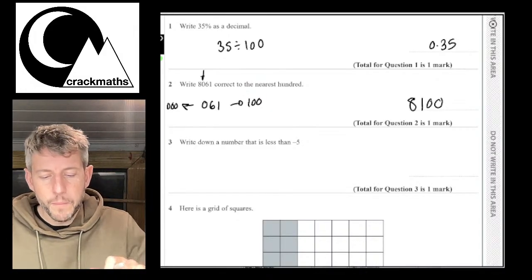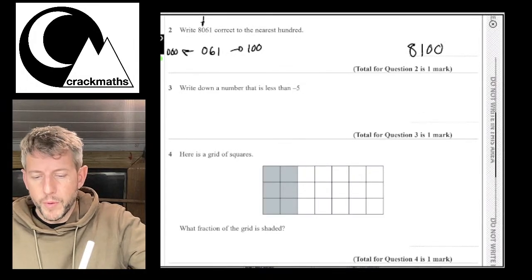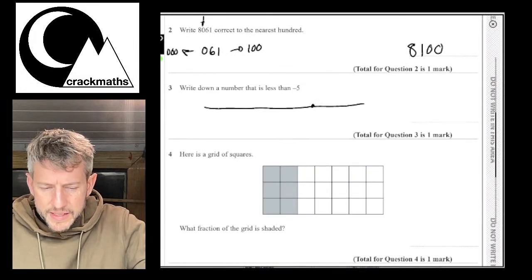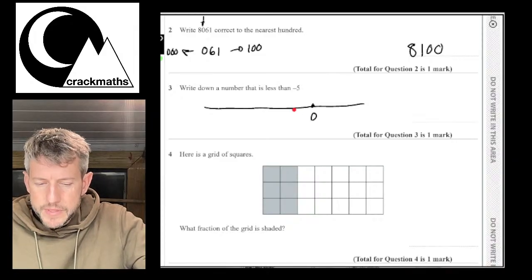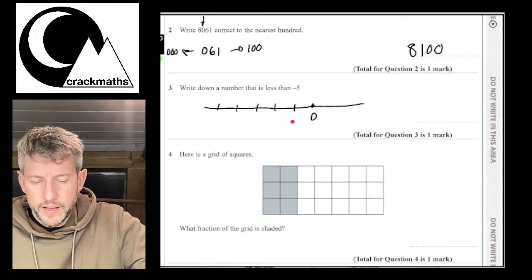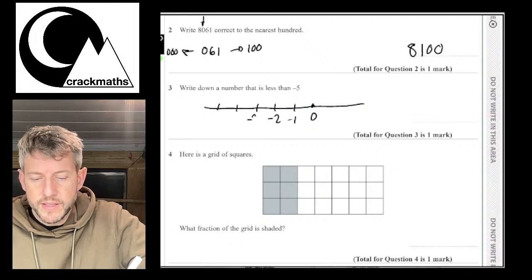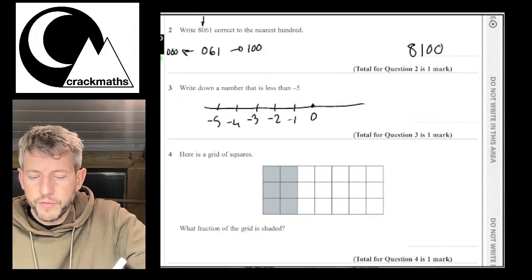Next one. Write down a number that is less than -5. So remember, with the number line and negative numbers, the number dictates how far away it is from 0, okay? So -1 is 1 space away from 0, -2 is 2 spaces, -3, -4, -5.